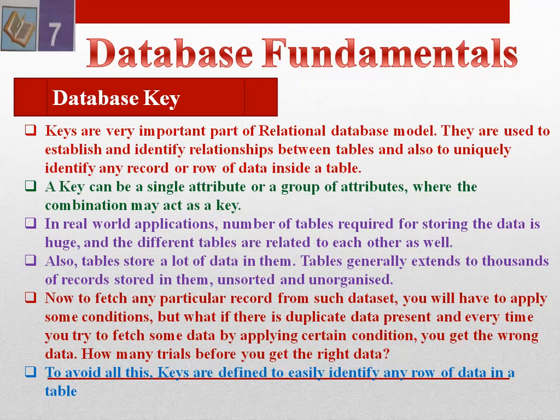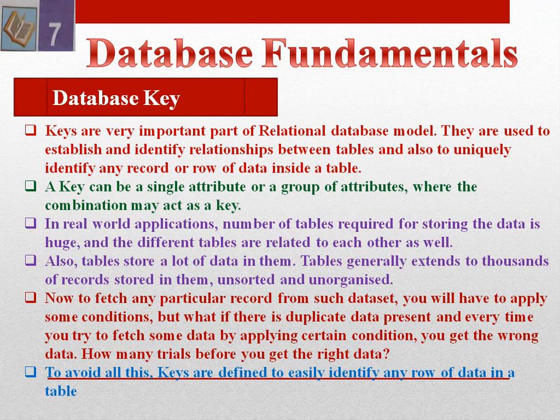If you want to retrieve your data and if you want to store your data in tables, you can use keys. Keys are the fastest way to sort your data. With the help of this, you can sort unsorted and unorganized data into an arranged form, and you can retrieve your data according to your requirement very easily.